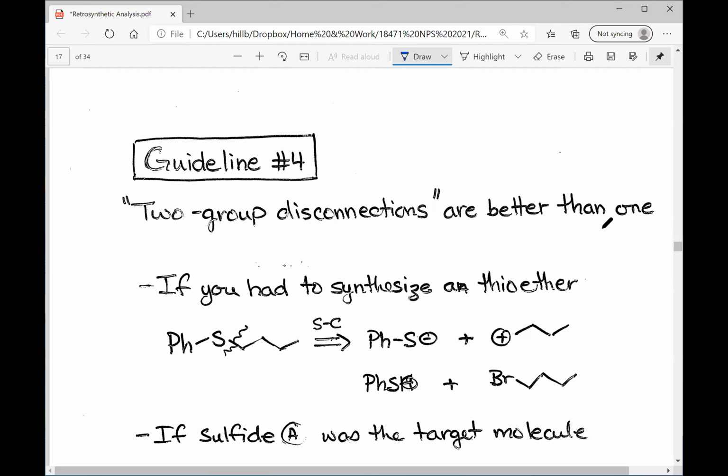You want to use known reliable reactions. That was another one. And the third one was if you want to install the most reactive group last, so you don't have these side reactions or chemoselectivity issues. The fourth guideline is what historically people would call 2 group disconnections are better than 1.